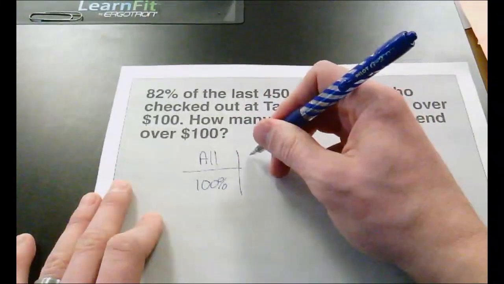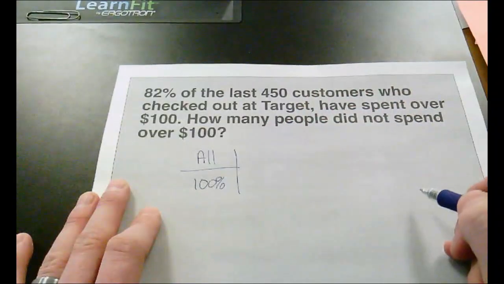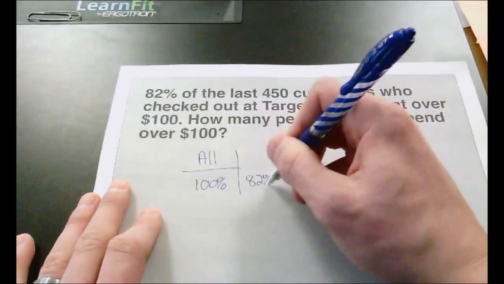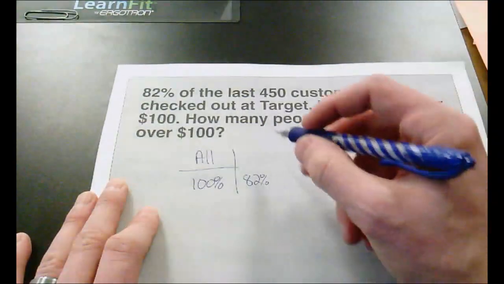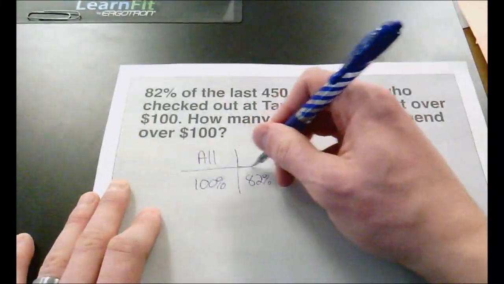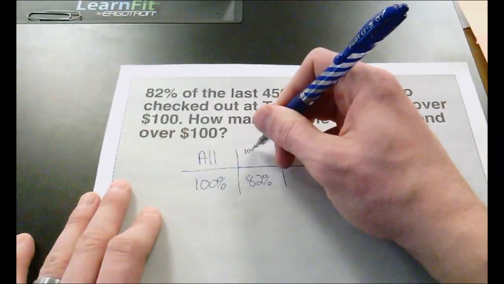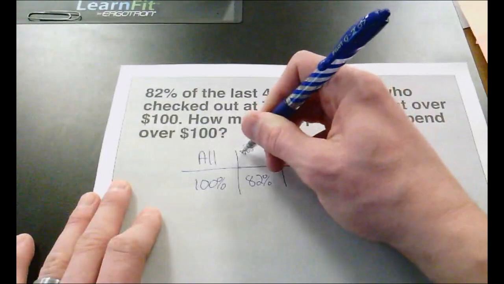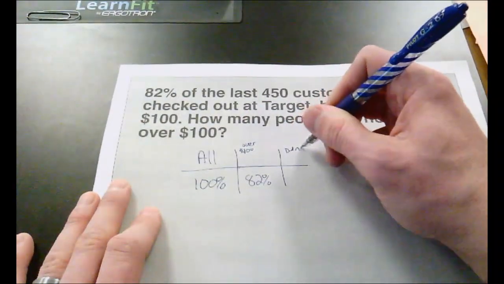Now, those who did not spend is what we're trying to find. We know that 82% of the people did spend over $100. These are the people who did spend over $100. Here are the people who did not.